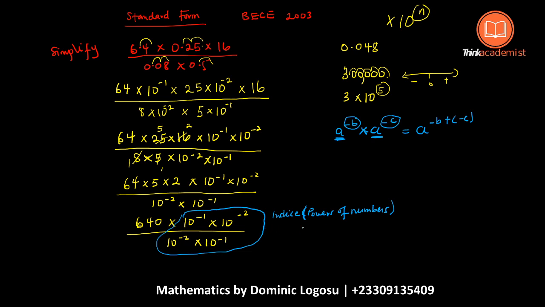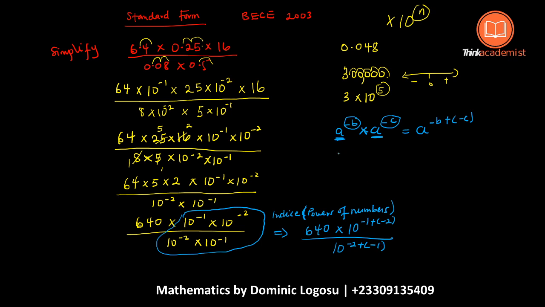So in order to solve that, let me bring this here quickly. So we'll maintain our 64, and then this will mean that we'll have 10 raised to the power negative 1 plus into brackets negative 2. We are doing the same thing to what is down there. Okay, so that will be what? 10 raised to the power negative 2 plus into bracket negative 1.